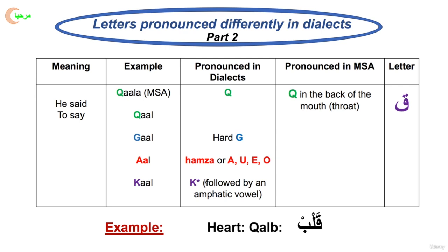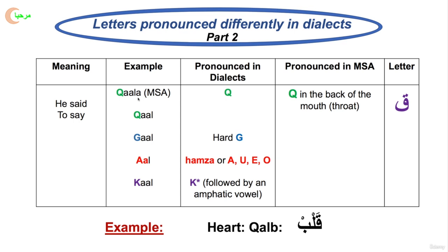To understand all of that, I picked an example here, the verb he said or to say. The reason I wrote he said and to say is because in Arabic, he in the past and the infinitive are the same. So the word he said or to say in Modern Standard Arabic is qala.